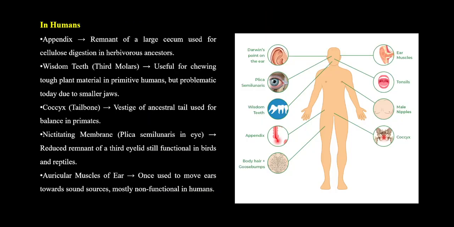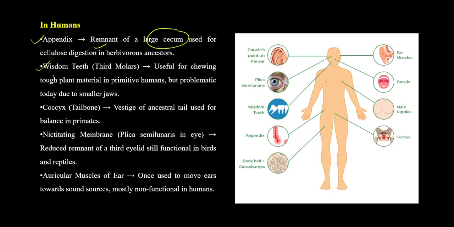For example, in humans, the appendix is there, okay, which is the remnant of a large cecum used for cellulose digestion in the ancestral form. Now we cannot digest cellulose, that's why it is non-functional.